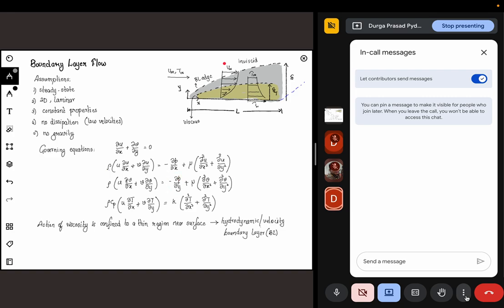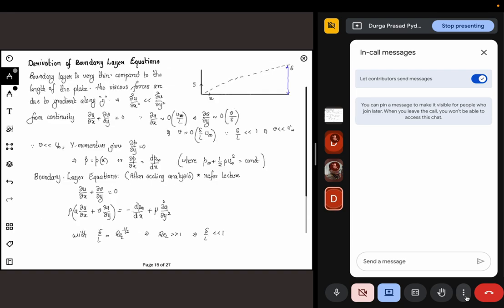When we say del p del y is 0, it means the pressure here and here will be the same. Along the vertical direction, if I draw a vertical line at any x, the pressure will be the same vertically, but the horizontal pressure variation still remains. For a flat plate, as I said before, outside we have an inviscid fluid, so the Bernoulli equation still applies.